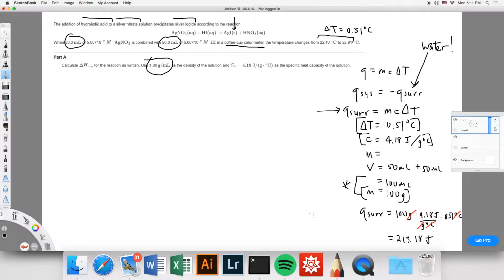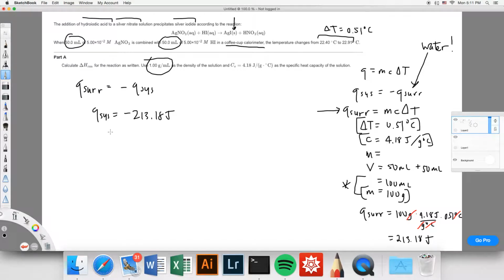That's how many joules were put into the water. Now, if that's how many joules were put into the water, we know the Q of the surroundings is equal to minus Q of the system. And so the Q of the system is equal to minus 213.18 joules.